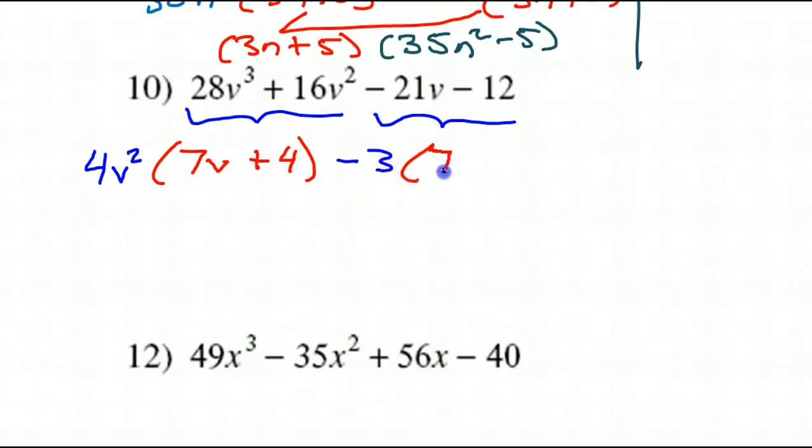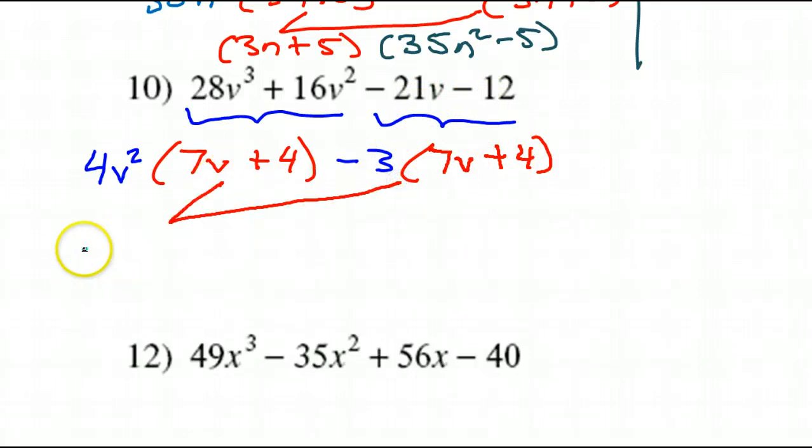And that's going to leave me with 7v plus 4. Coincidence? I think not. Now if I multiply this back just to check, sure enough, negative 3 times 7 is negative 21, and negative 3 times 4 is negative 12. So it makes sense. Now let's take this common factor in the parentheses and put it out front.